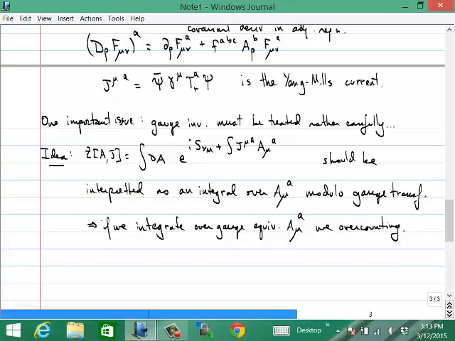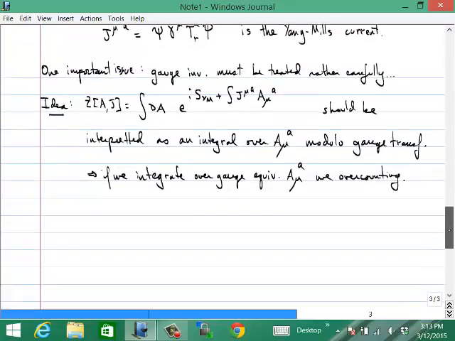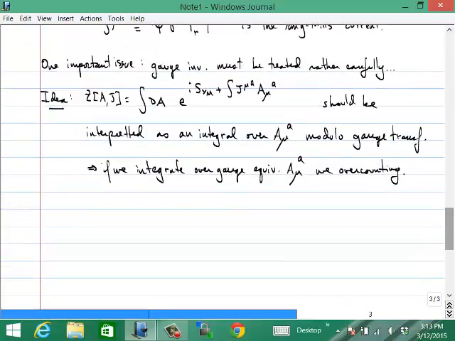Now, this is not something that we worried about too much when we thought about electromagnetism. And it's worth thinking a little bit about why, when we studied QED, we didn't think about this terribly carefully. The reason is the following. In electromagnetism, the behavior of the gauge field under a gauge transformation is rather simple.